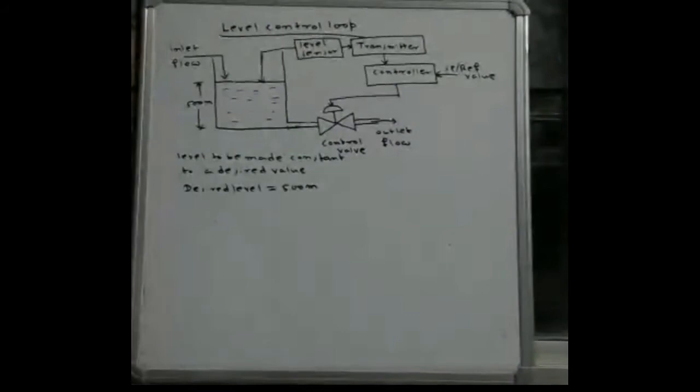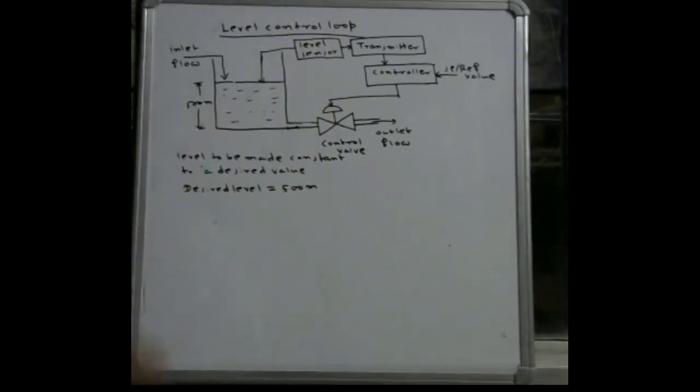Now let's explain the function of this transmitter. The output of the sensor is normally in the form of voltage. This sensor is placed very near to the tank. That's why this instrument is called a field instrument.